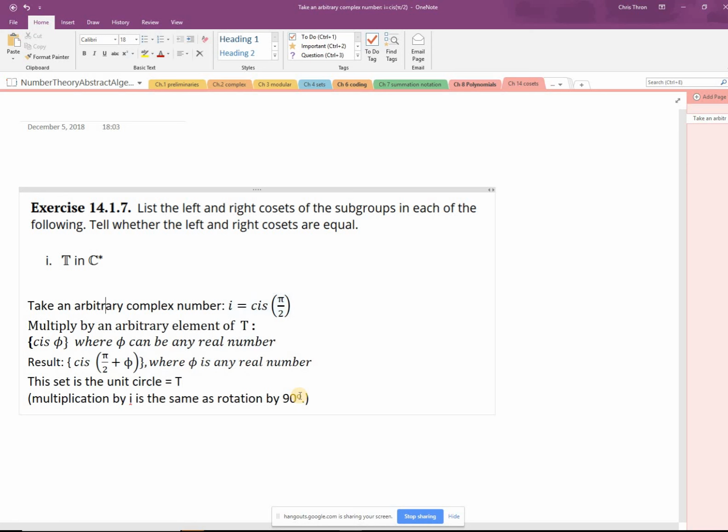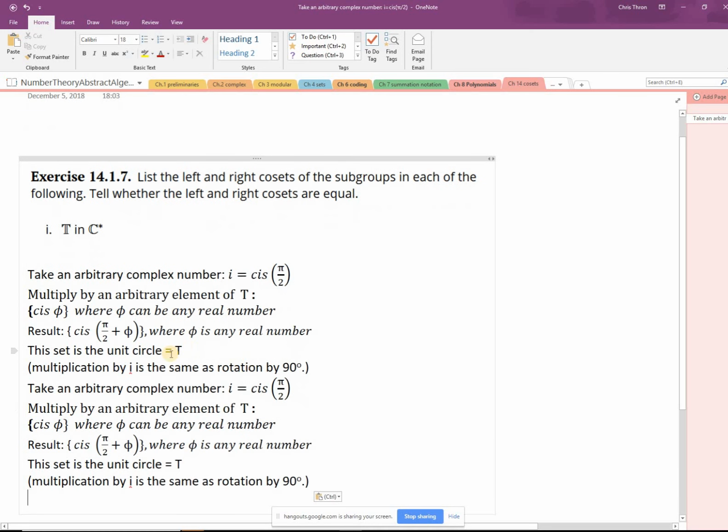All right, so that's one complex number. Let's take another complex number. Let's try 2i. Then I put a 2 here, and I get a 2 here. And this isn't the unit circle anymore. It's the circle of radius 2.